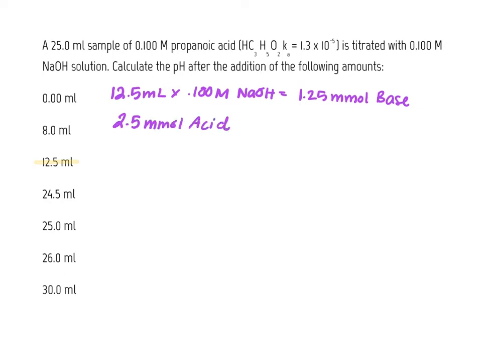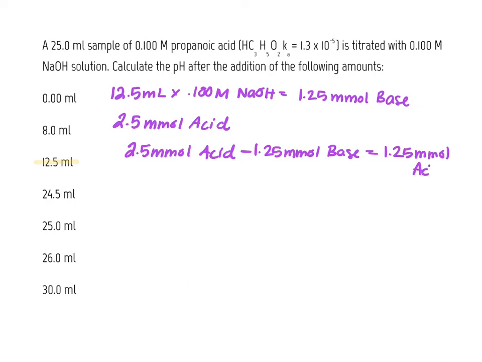So again, that's the 2.5 millimoles of acid. When we subtract these, the key thing to notice here is that we have neutralized exactly half of the acid that we started with. And so this is a key point on the titration graph, and that is called the half equivalence point.